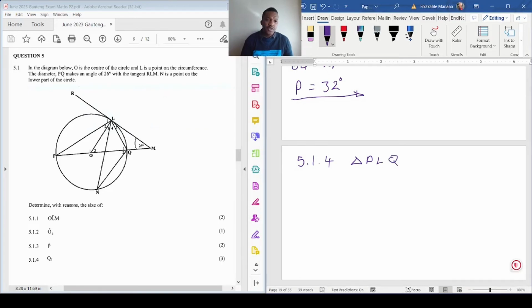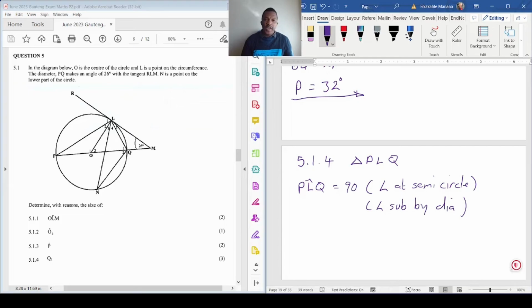In triangle PLQ, we can say, first of all, that angle PLQ is equal to 90, and the reason is angle at semicircle, or if you want to use diameter, angle subtended by diameter. The angle subtended by diameter is always going to be 90.